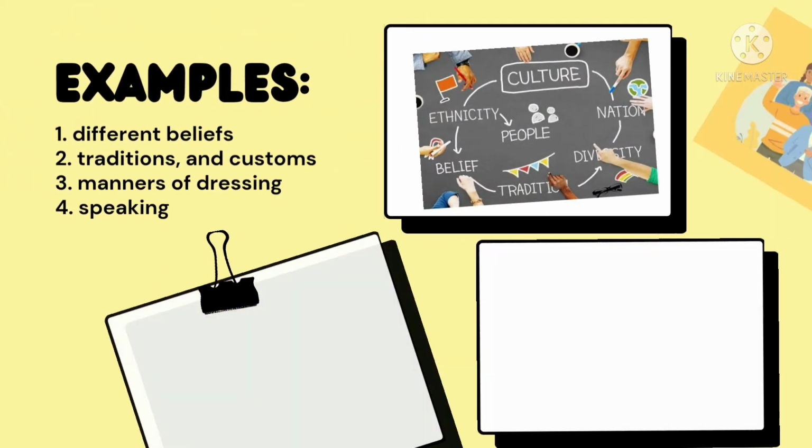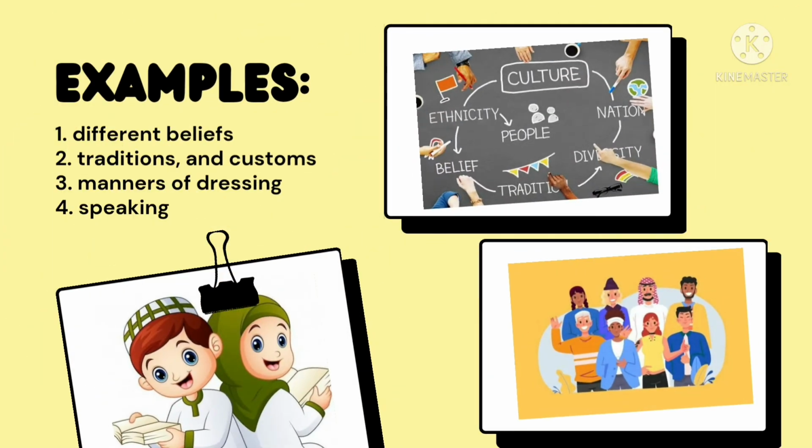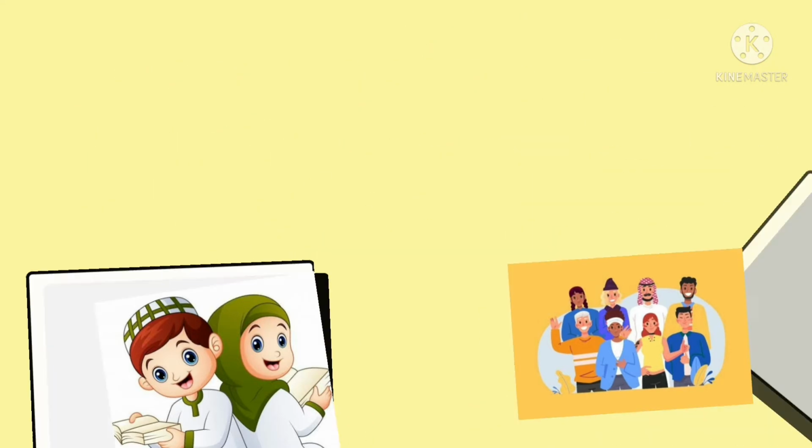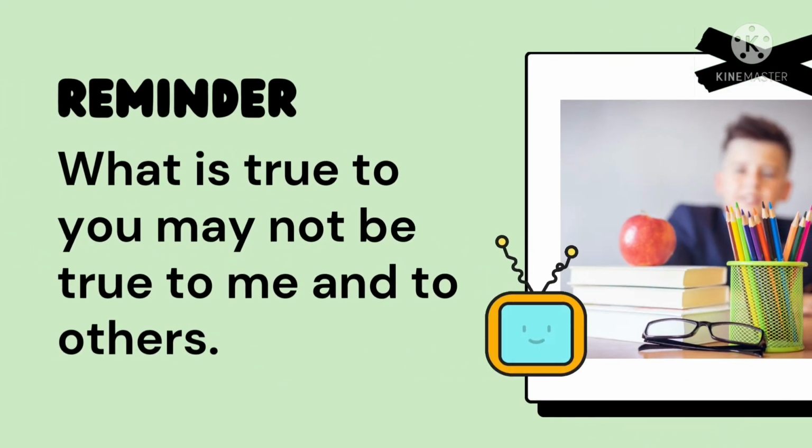Best examples are different beliefs, different traditions and customs, different manners of dressing and speaking. But you have to remember that what is true to you may not be true to me and to others. Due to that, it may negatively affect the way they communicate and relate to one another.